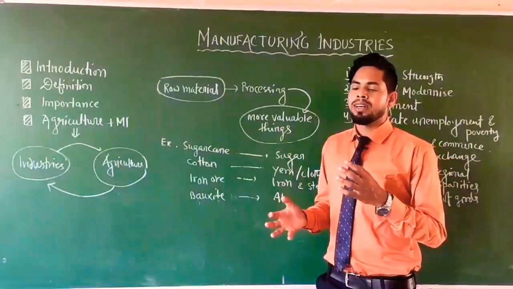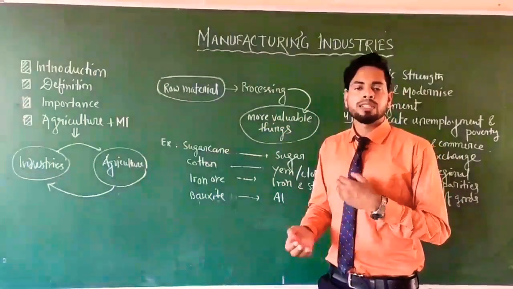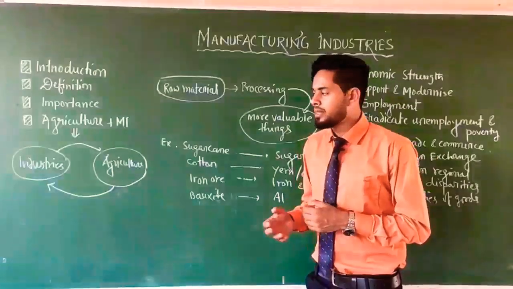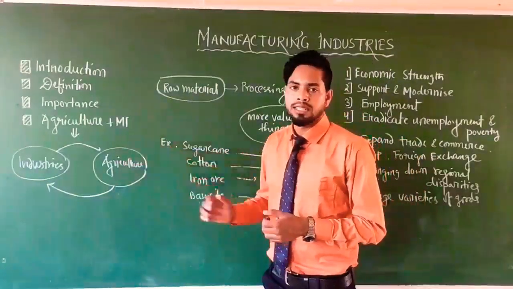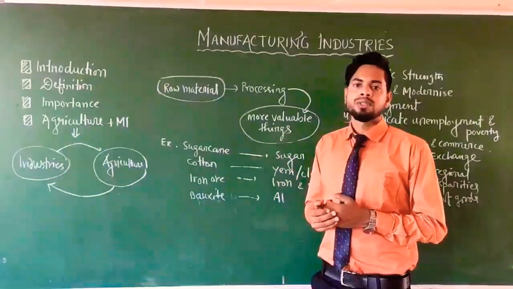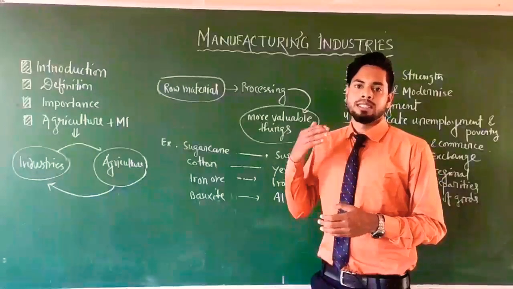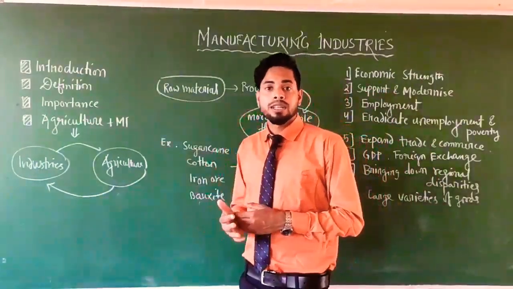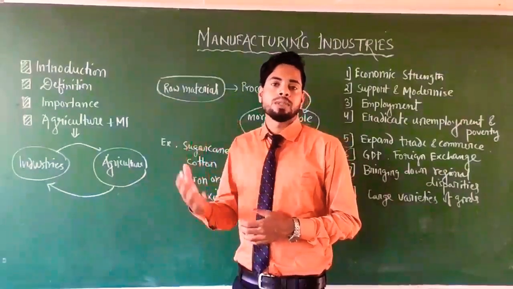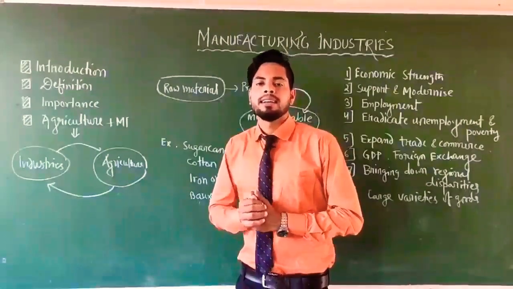So both depend on each other, both support each other. So their development depends on each other. So not only do they support their production, they increase their production, and also make the production process easier and efficient.